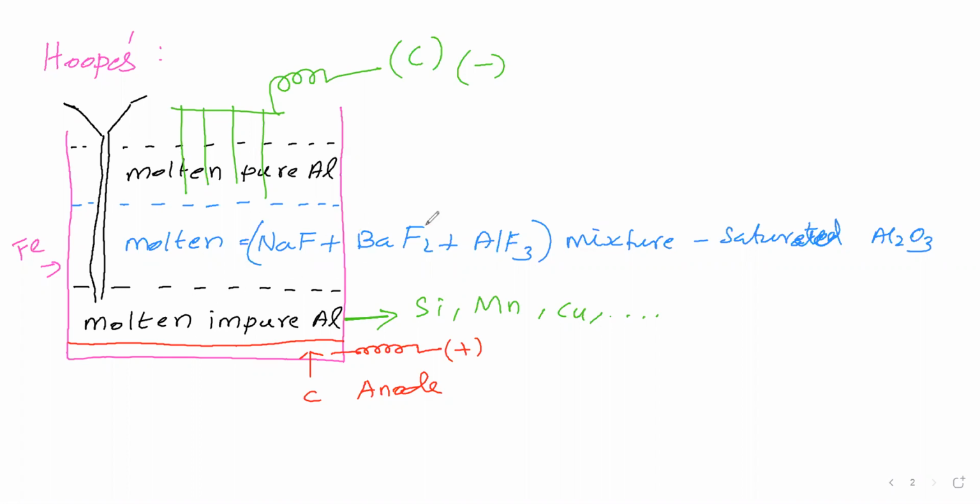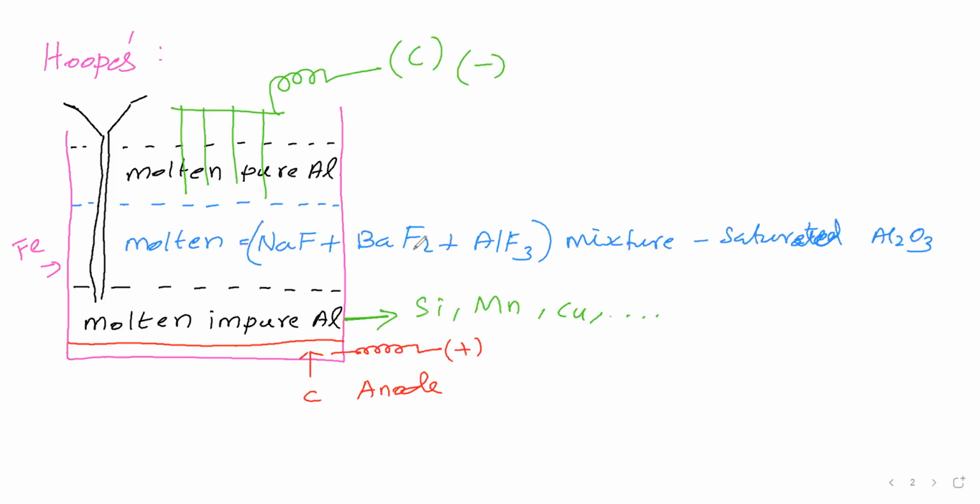In this electrolytic process, we will see what anodic and cathodic reactions take place. Here AlF3, BaF2 and NaF are there. NaF is ionic, therefore it exists as Na plus ions and F minus ions.